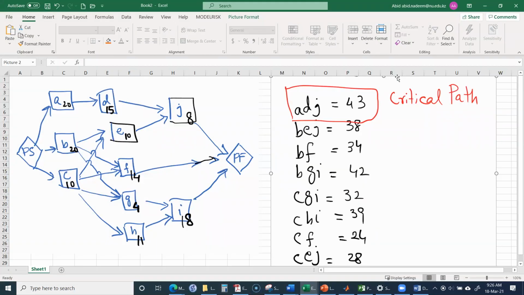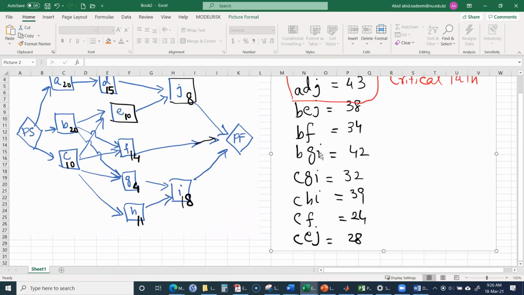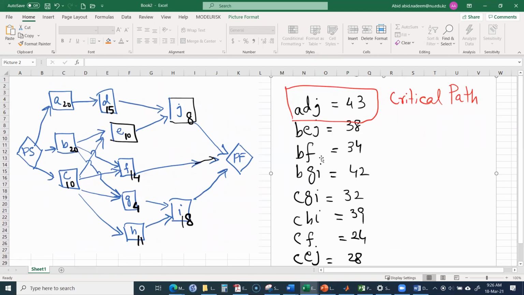Okay, so now I have this Microsoft Excel sheet open.